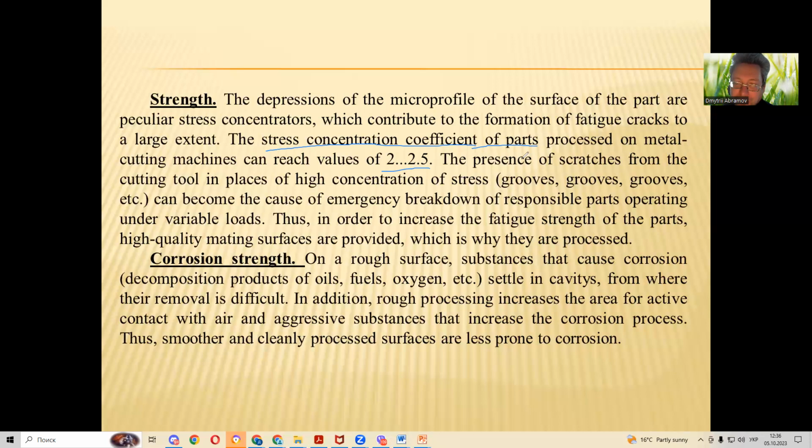In addition, rough processing increases the area for active contact with air and aggressive substances that increase the corrosion process. Thus, smoother and cleanly processed surfaces are less prone to corrosion.